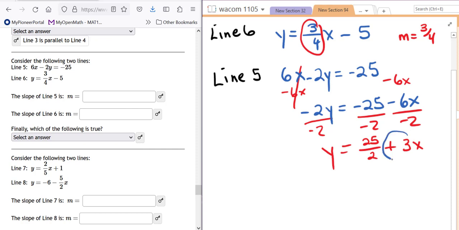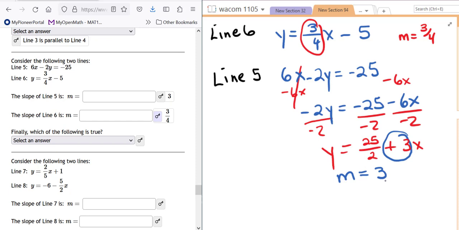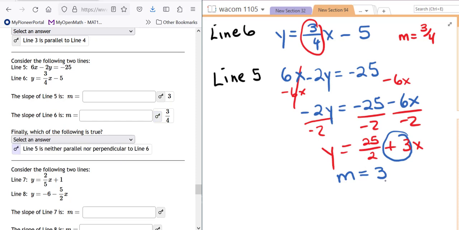But all you care about is what is your coefficient of the x. This is your slope here, m equals 3. So this one is going to be neither. Those are not the same, and they are not negative reciprocals. So sometimes that happens. For line 5 we had to work, m is 3. Line 6, we did no work. It's 3/4. So this one is neither.